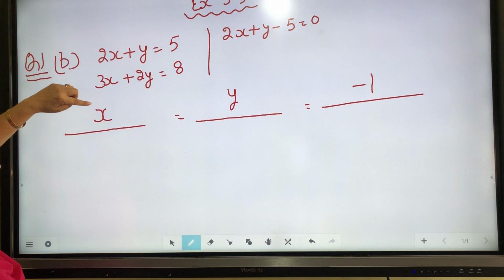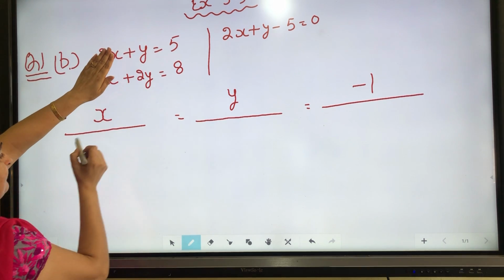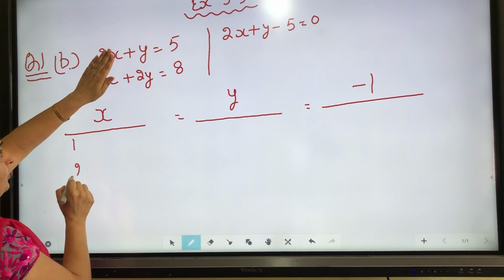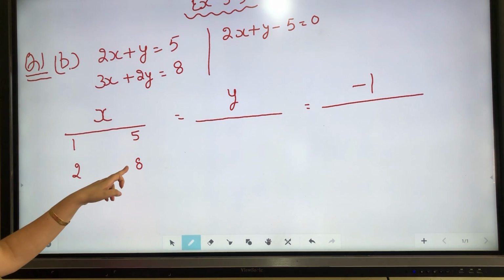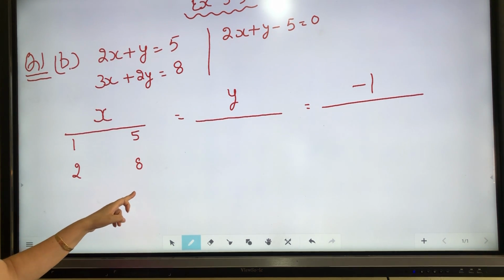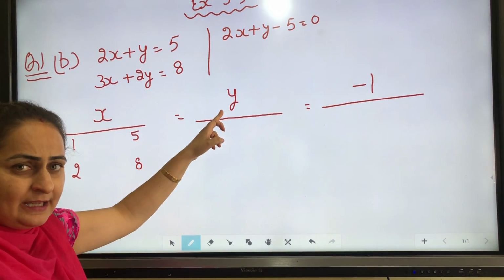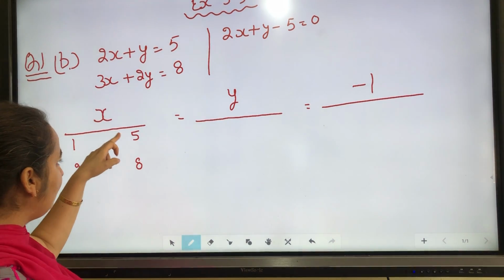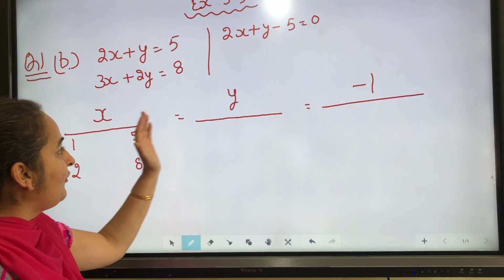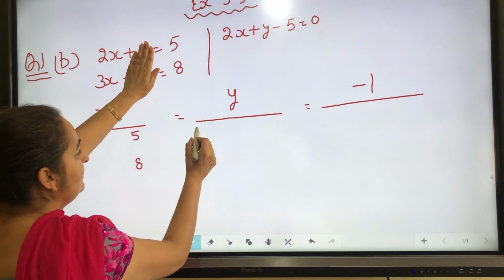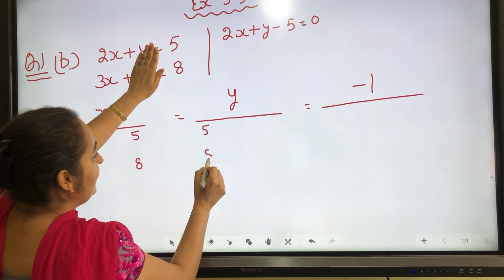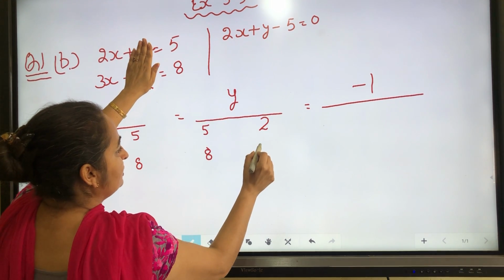The coefficients of y and constants are 1, 2, 5, 8. This is the end for the variable x. Now for the next variable y, from where we ended the variable x, we will start for the variable y. That is, for y, we will eliminate the y term. The terms are 5, 8, 2, 3.